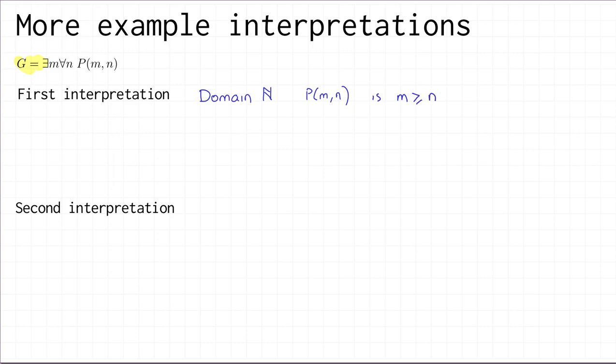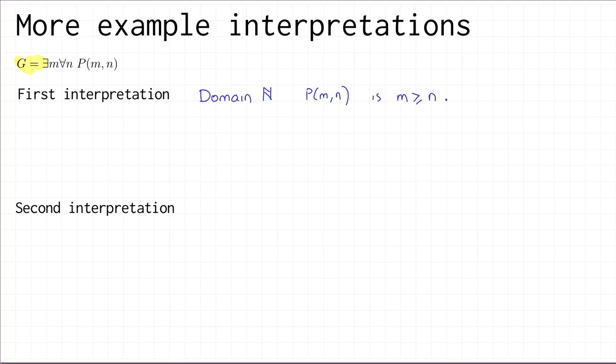Again, this is a legitimate relation on the set of natural numbers, because for any two natural numbers m and n, either m is greater than or equal to n or it's not. So it's a true or false statement about a pair of natural numbers. And we want to decide the truth or falsity of the formula in this interpretation.